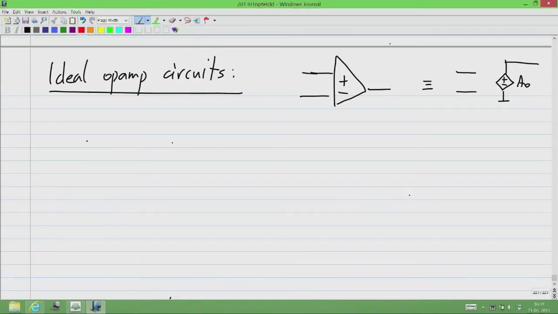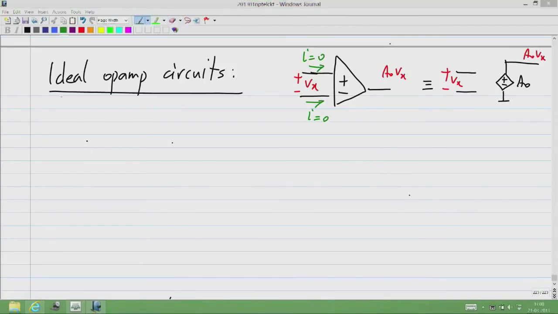Okay. And the current going into the op amp terminals is 0. Okay. And an ideal op amp means that the gain tends to infinity. Okay.